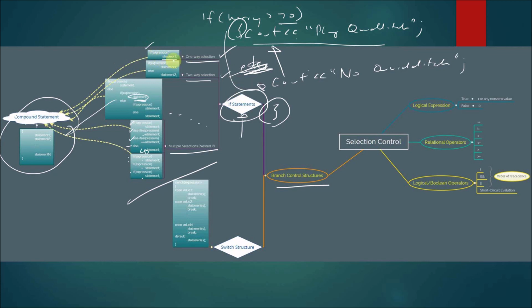The compiler, or C++, sees if expression statement, in other words, if this is true, it will issue just that one statement. And then C++ will automatically go to whatever next line there is. Whether it's true or false, it will go to that next line in this particular one-way selection. So be aware, if you ever have a situation where you want more than one statement executed, you'll need to use what's known as a compound statement and include all those statements within these brackets.